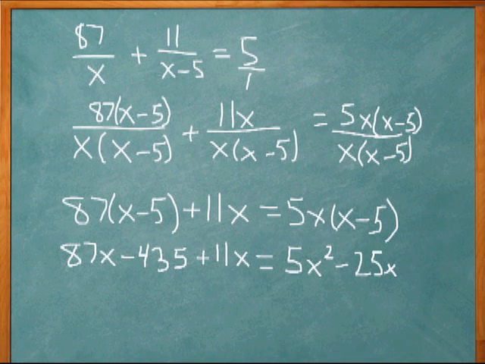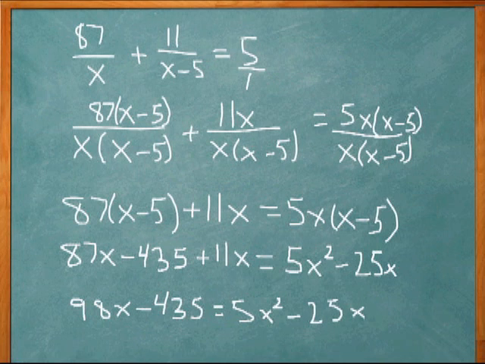Alright, so there's two x terms on the left hand side here. I'm going to combine those. That gives me 98x minus 435 equals 5x squared minus 25x.